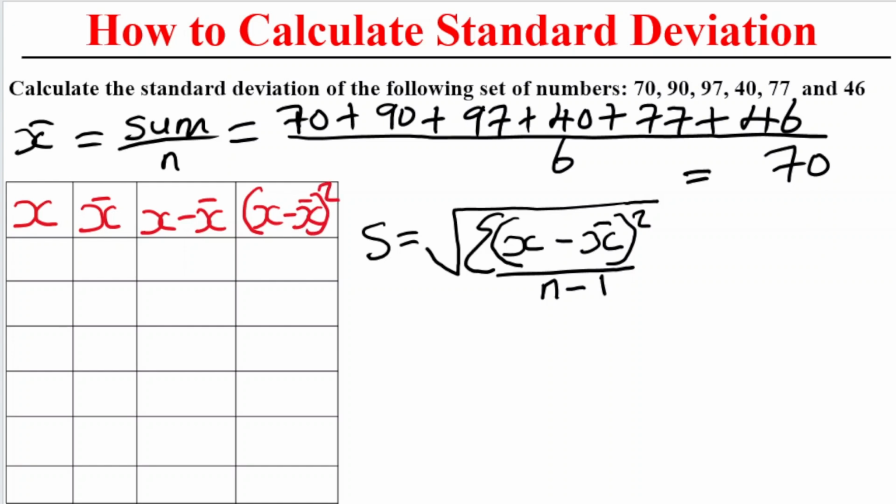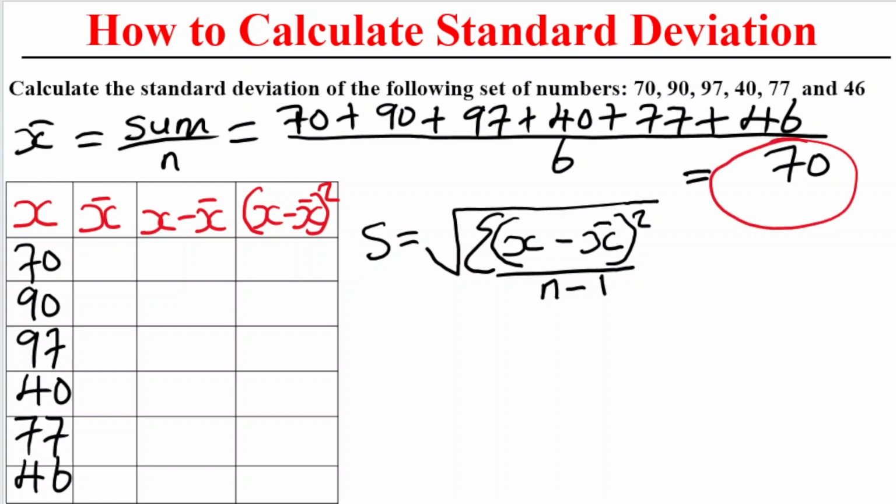Let's fill in our x values: 70, 90, 97, 40, 77, and 46. Our mean is 70, so let's plug in 70 for each.